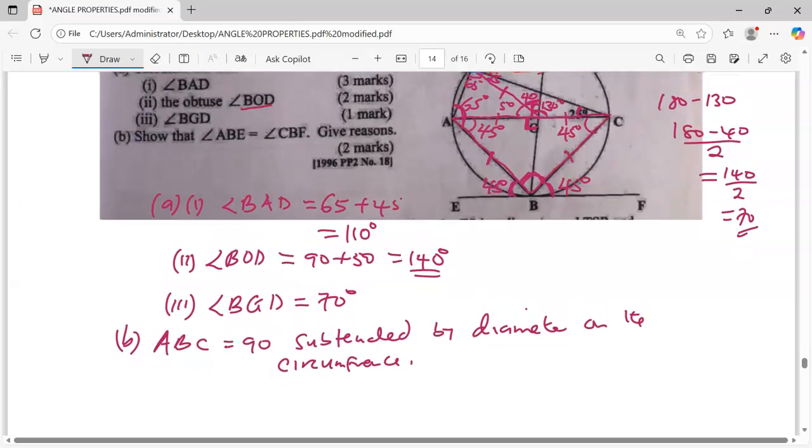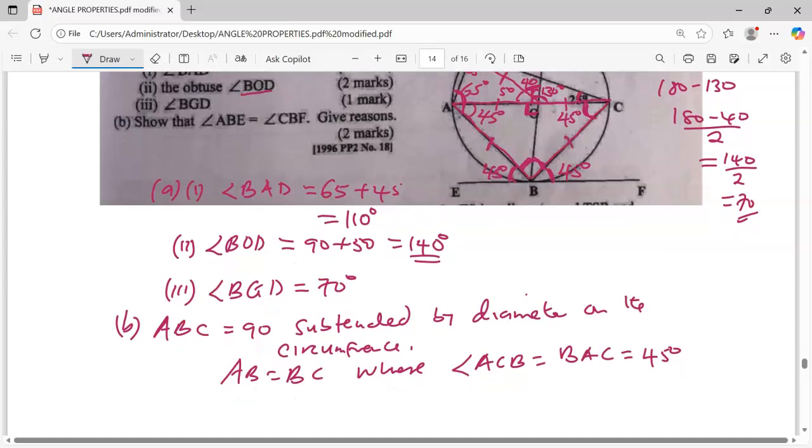And if that is the case, then we know that AB is equal to BC. That means we are going to have an isosceles triangle where the angle ACB, that is the angle at this point, is going to be equal to BAC, which is going to be 45 degrees. That is the first thing.